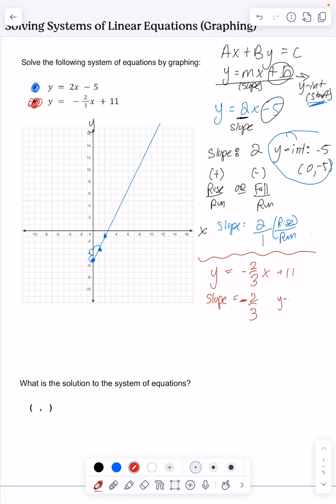And my y-intercept is at 11, or (0, 11). Same thing as the last one, but in this case it's a negative slope, so it'll be a fall over run.